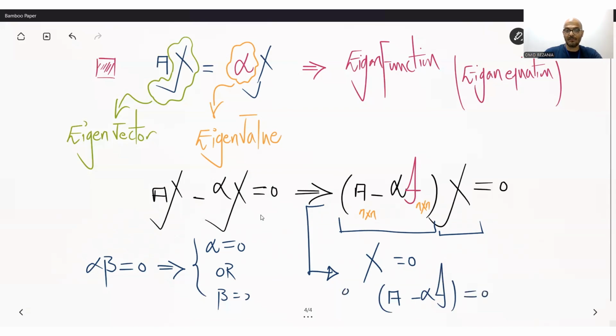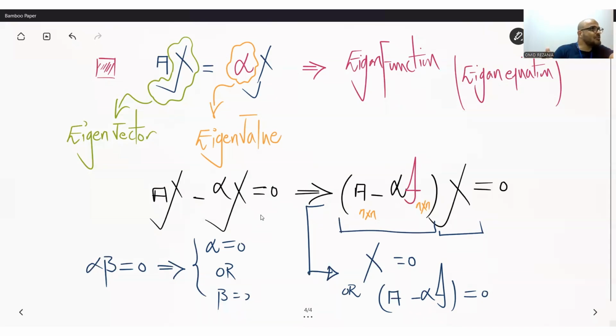I put or. Now if x becomes zero, it's a problem, because we are looking for the x. All that we care about right now is the x, because if you find the x, you do not need to represent that high dimensional gene expression, which is such a huge matrix.